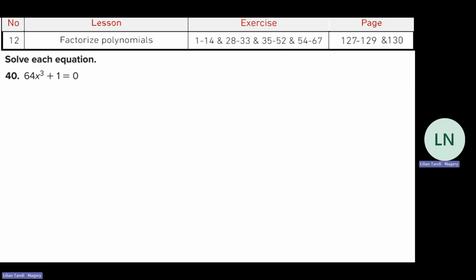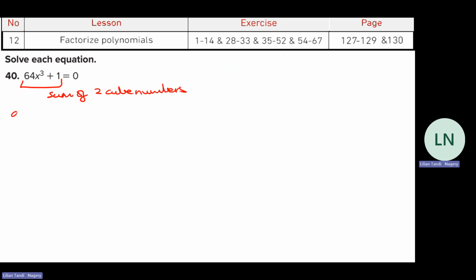These are also perfect cubes, and you will need 3 roots. So this is the sum of a perfect cube, a sum of 2 cube numbers.